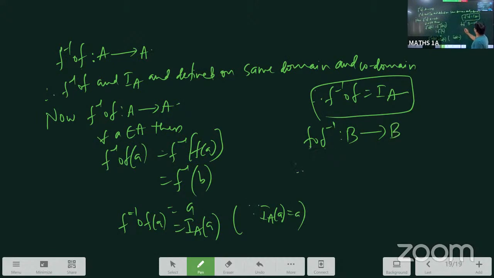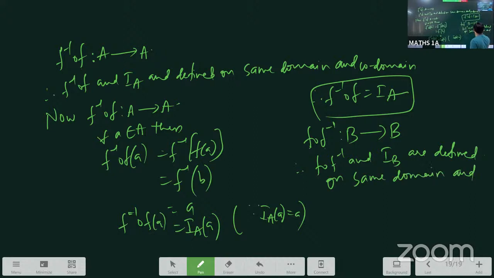Now therefore, F circle F inverse and IB are defined on the same domain and codomain. Now, F circle F inverse is a mapping from B to B.